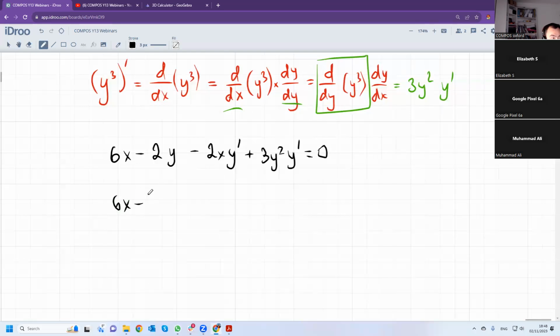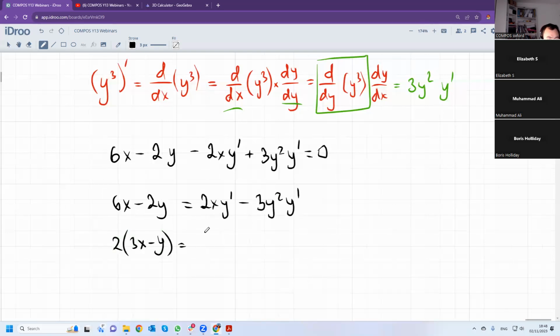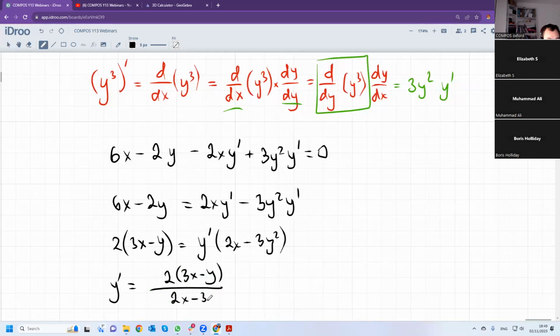So it's going to be 6x minus 2y equals 2xy prime minus 3y squared y prime. So take the 3 out: 3x minus y equals y prime times 2x minus 3y squared. So y prime is 2 multiplied by 3x minus y over 2x minus 3y squared, and this is the answer.